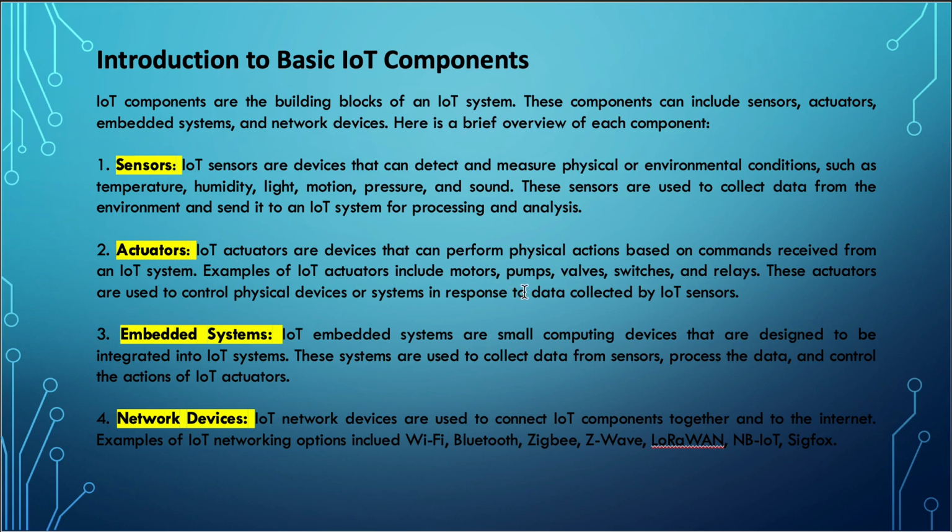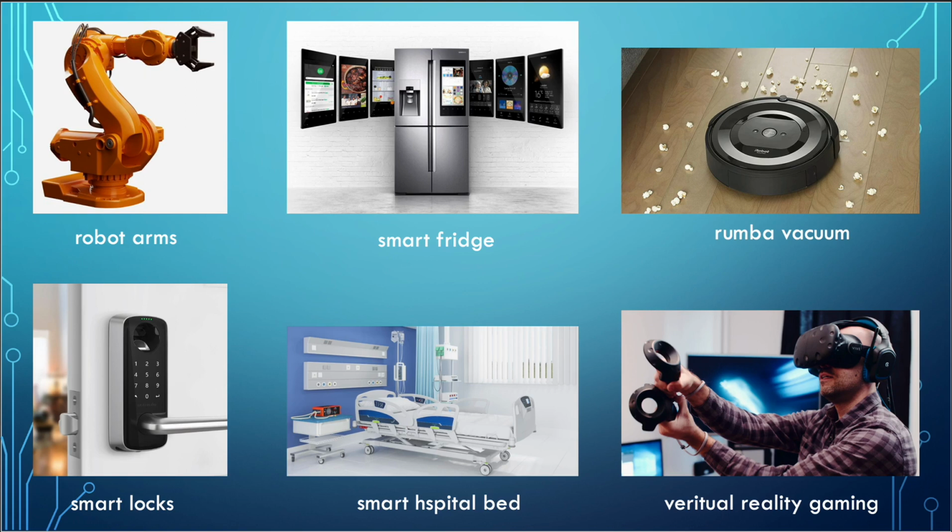Again, there are pumps and valves. We will look at examples of where pumps and valves can be used. A good example for pumps and valves would be robot arms. Mostly these robot arms, which are a huge actuator by themselves, work mainly with pumps.